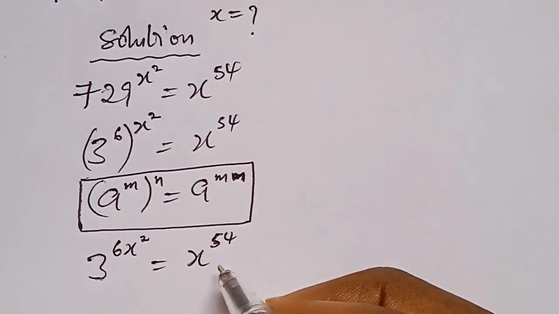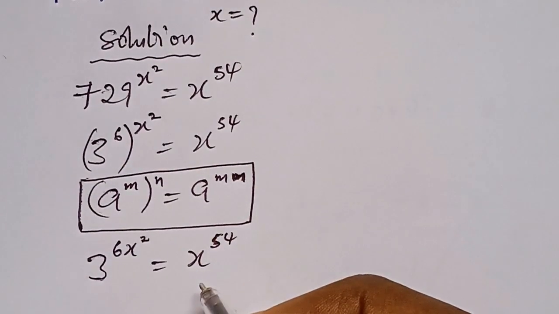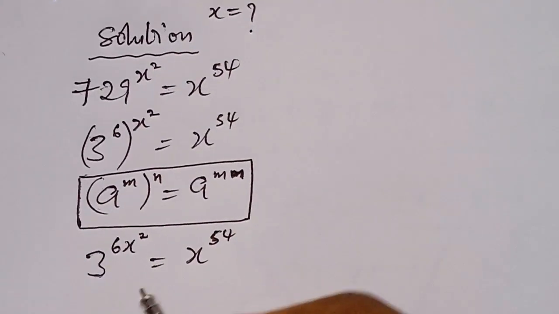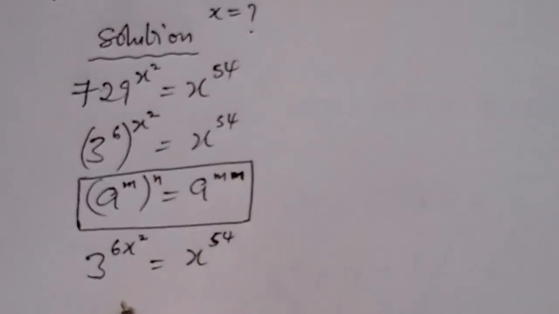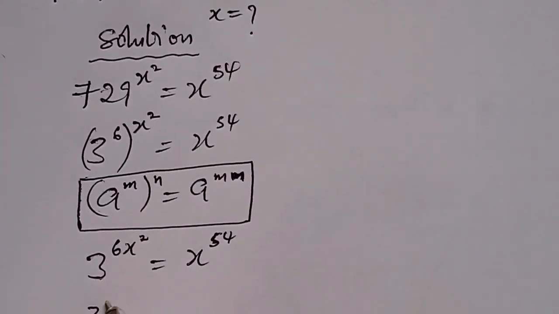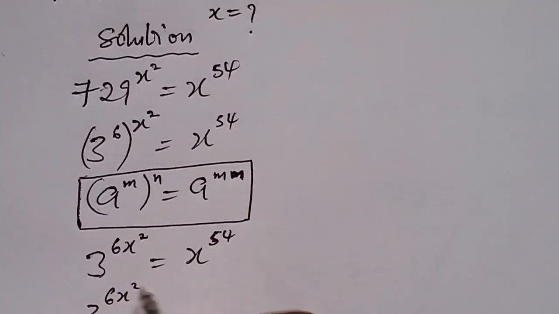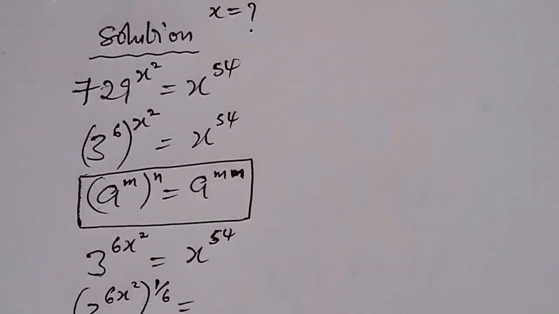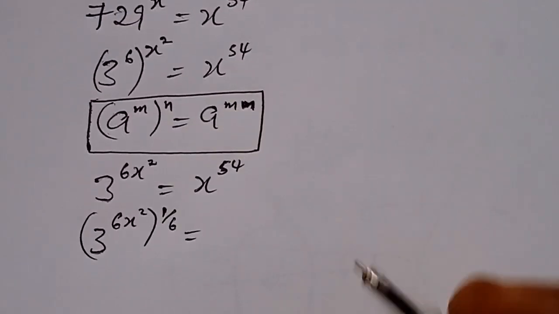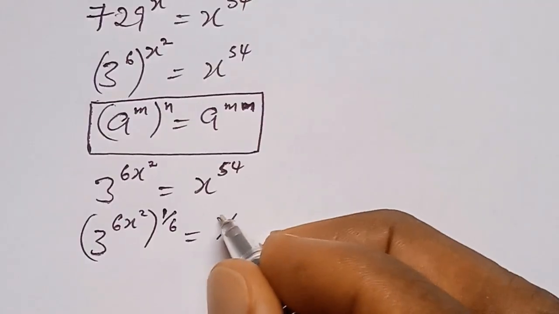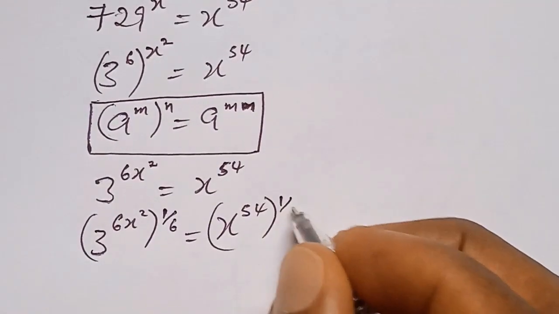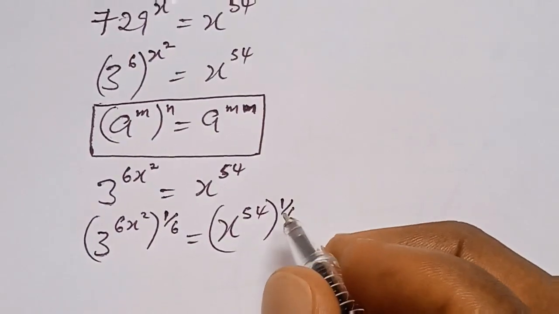Here we multiply the exponents with 1 over 6. So we have 3 to the power of 6x squared in brackets 1 over 6 equal to x to the power of 54 in brackets 1 over 6.